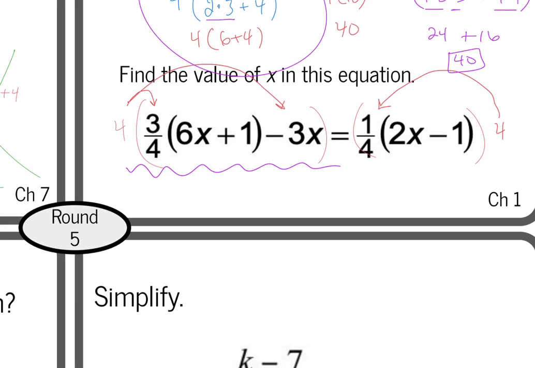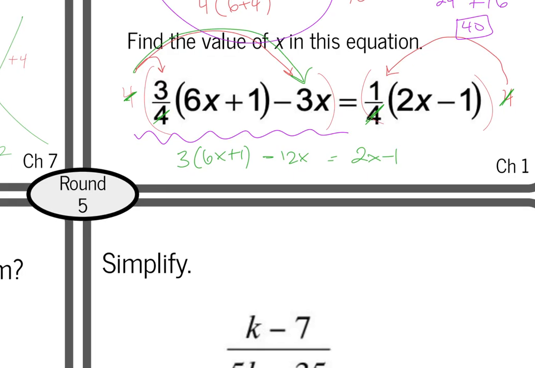So what we're going to get is 3 times 6x plus 1 minus 12x equals 2x minus 1. The 4's cancel here. Now, these 4's cancel each other, but I cannot forget to still multiply that by 4. So if you already are seeing the value in doing that, cool.